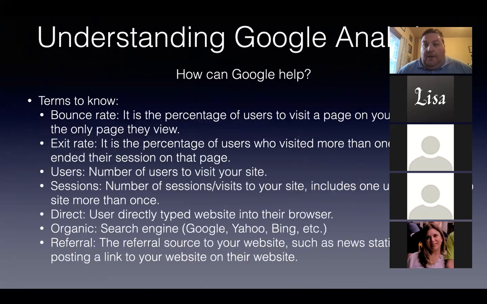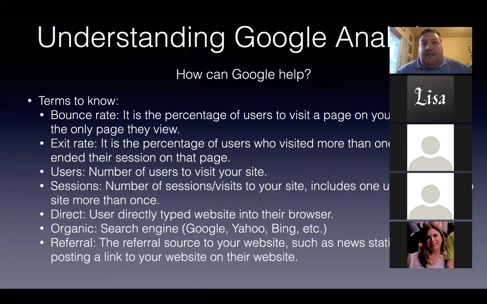All right, so before we keep going, here are some terms to know that you'll see in Google Analytics that will help you understand what these definitions mean. A bounce rate is the percentage of users who visit a page on your website, and that's the only page they view. So if somebody finds your website, looks at the home page, and then clicks off of it, there will be a bounce for that visit by that user.